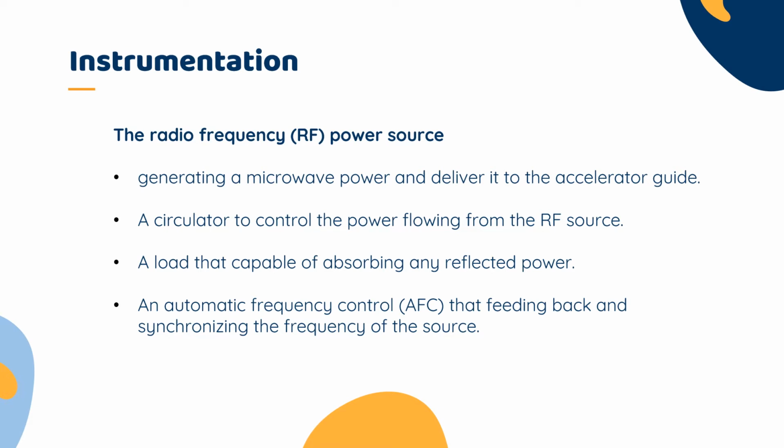A load that is capable of absorbing any reflected power. An automatic frequency control that feeds back and synchronizes the frequency of the source and other units in the LINAC. The RF source is divided into the magnetron and klystron, as we will see in the next slide.